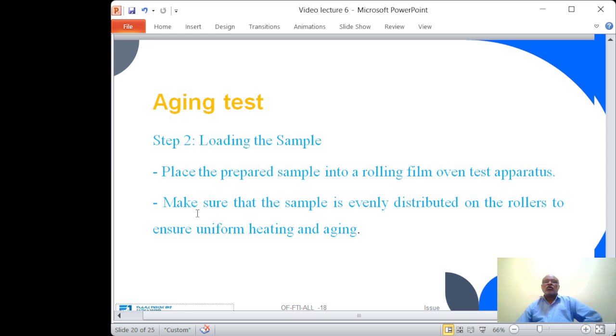Step 2. Loading the sample. Place the prepared sample into the rolling thin film oven test apparatus, and make sure that the sample is evenly distributed on the roller to ensure uniform heating and aging.